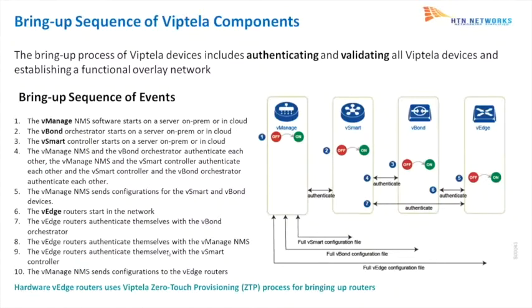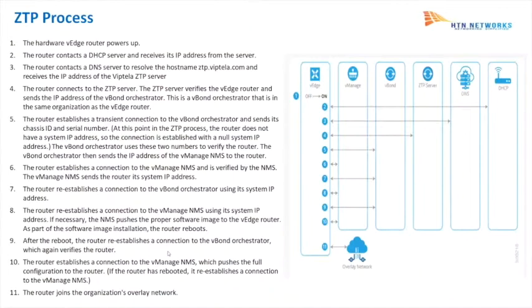The hardware-based vEdge routers support something called the zero-touch provisioning process, and we'll explain on the next slide what exactly the zero-touch process is. So here is the zero-touch process. The first thing is you turn on the vEdge router.